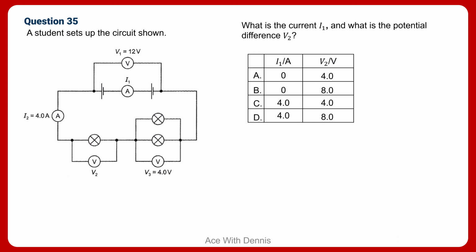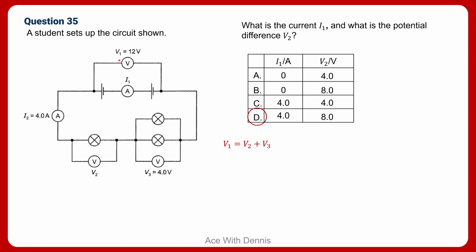The answer is D. I1 is 4.0 amps and V2 is 8.0 volts. So here's how we get the answer. From the circuit, we can say that V1 equals V2 plus V3. So let's study the circuit. V1 measures the potential difference across the voltage source here, which is the battery.